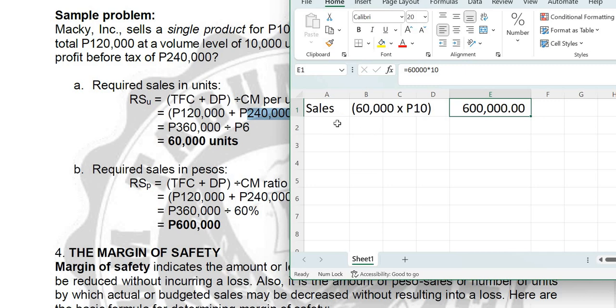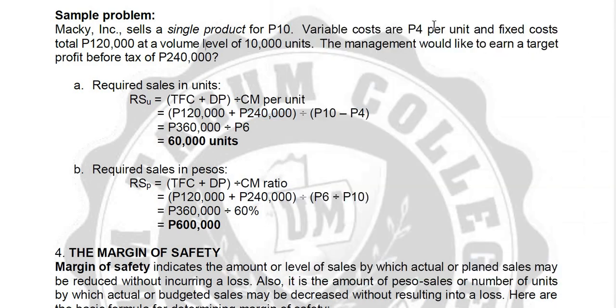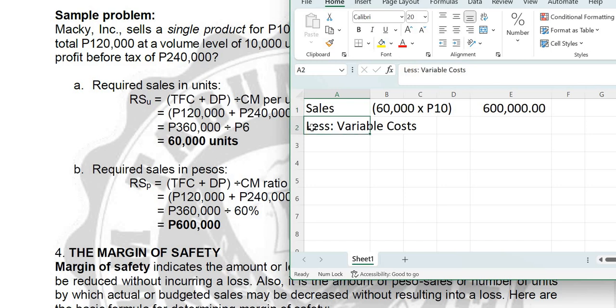So, it will give you a total amount of 600,000. Okay? Then, i-deduct natin yung ating variable cost. So, ang variable cost natin ay, as mentioned here, 4 pesos per unit. So, that's 60,000 units. Multiply lang natin by 4 pesos.